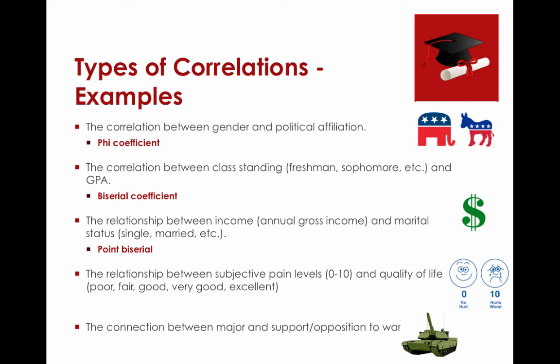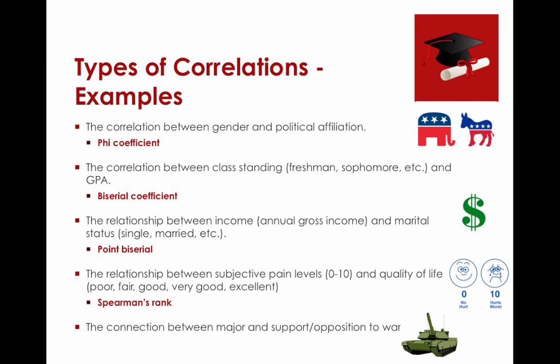A 0 to a 1 is going to be a different distance from a 9 to a 10. And even so, you can't technically and objectively measure these distances. Nor can you really measure what poor to fair is and the distance between good and very good and excellent. So these are both ordinal variables, so we're going to conduct a Spearman's rank correlation coefficient.